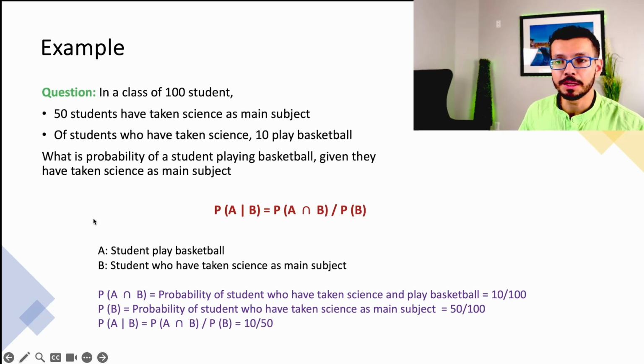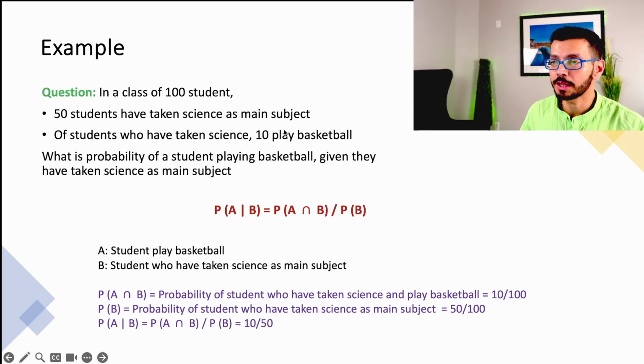Now, what are A and B? A is students who play basketball, and B represents students who have taken science as the main subject. In order to calculate probability of A given B, we first need the probability of A intersection B and the probability of B. Let's calculate that. The probability of A intersection B is the probability of students who have taken science and play basketball, so both at the same time.